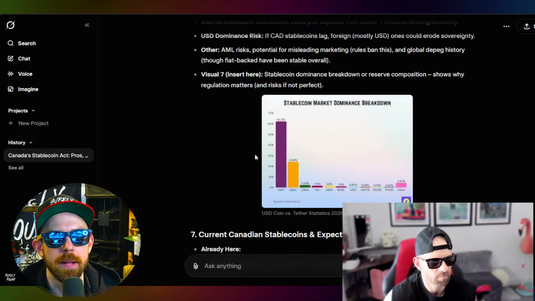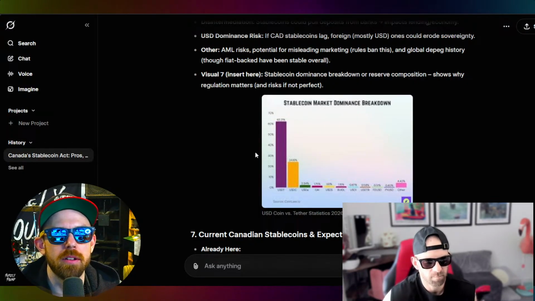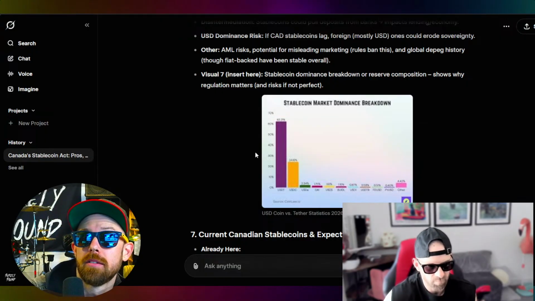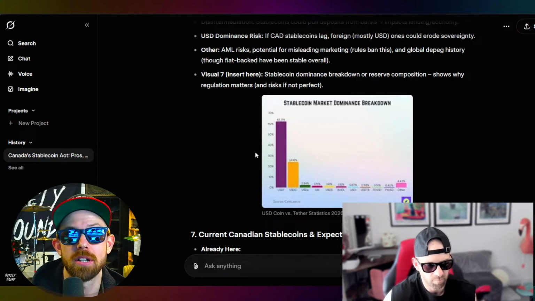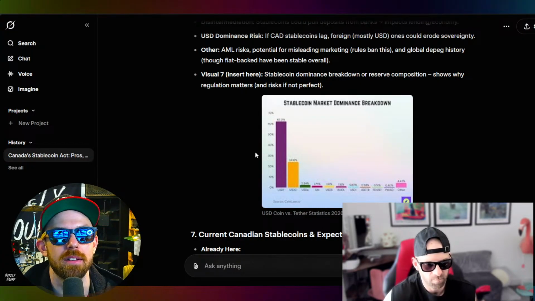And if they expect people to get into a nation-backed fiat digital currency, then they have to understand that we're gonna use other stablecoins too, right?